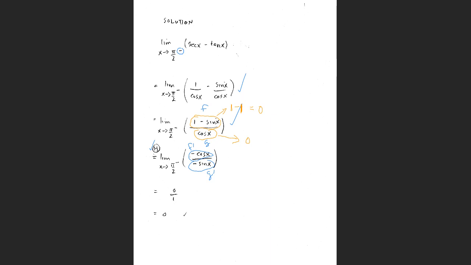So what you get here, well, now we can take the limit, because you see, if I were to put in a little more detail here, I can write this limit as a ratio of two limits.